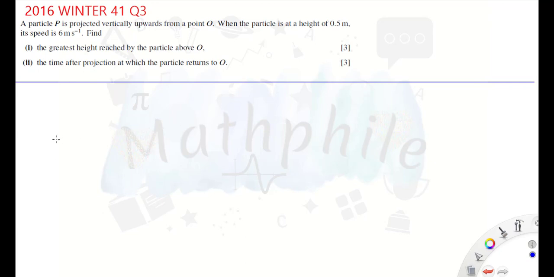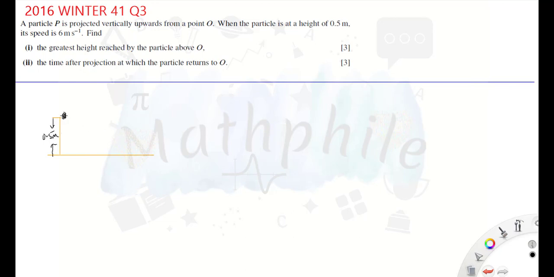So let's try to get a picture of this. A particle is projected from a point above the ground. From this side to this side is 0 point, to this side it's 0.5 meters.